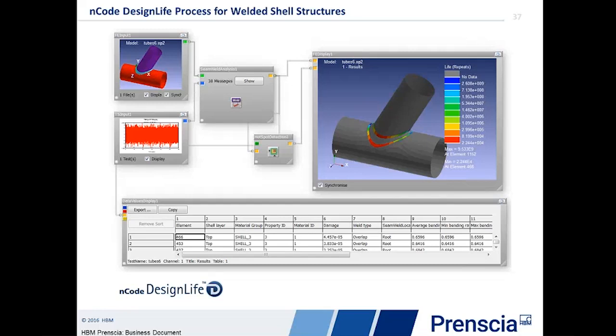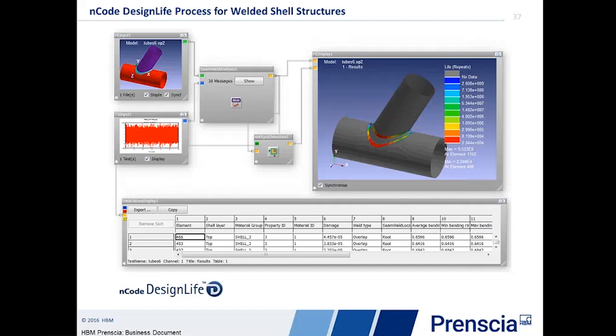And what DesignLife automatically does, at every location that's a connection, root, toes, is characterize the weld configuration. It calculates the structural stresses, calculates the bending ratio, generates an SN curve for that particular loading type, and does a fatigue calculation.